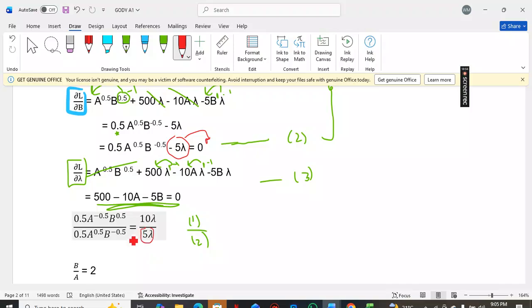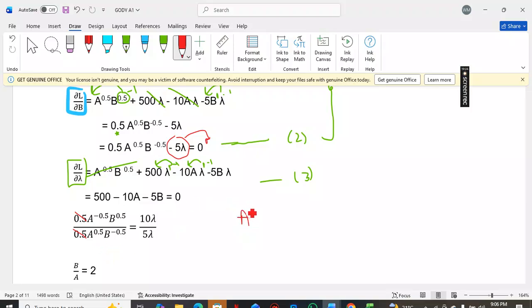All right, so now pay close attention, because indices are going to apply, because we have to simplify this expression. After we divide equation 1 by equation 2, we have to simplify. Here 0.5 and 0.5 cancel each other out. A to the power negative 0.5 divided by a to the power 0.5.